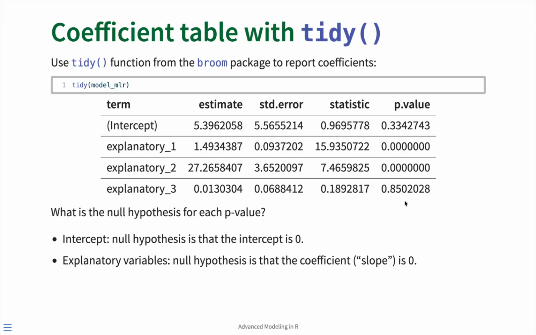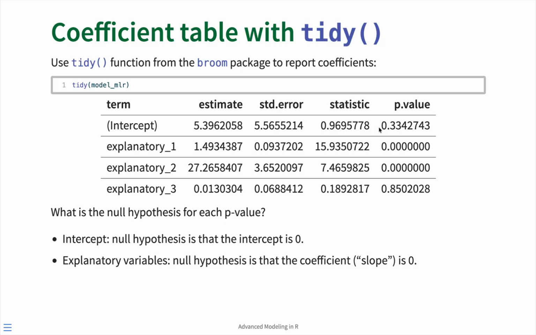In a linear model, the null hypothesis for the intercept is that the intercept is 0. In this case, you can see the p-value is 0.33, or in other words, a 33% chance of seeing this if the null hypothesis, that the intercept is 0, were true.